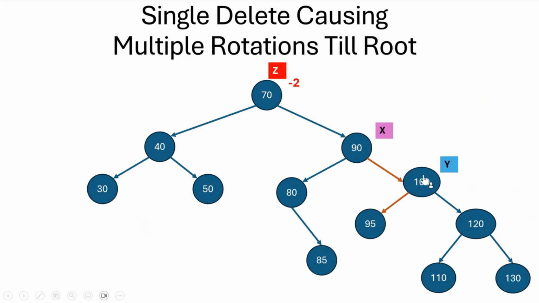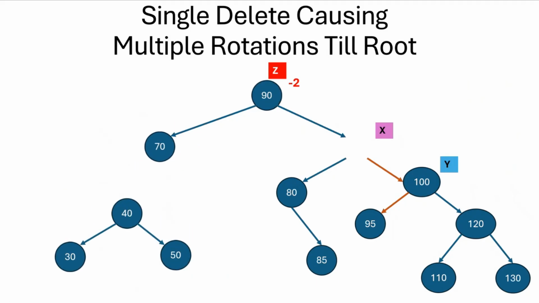So right rotation we did at Y. Now we need to do the left rotation at Z. So which is 70. So how will we do it? So the taller child of Z, which is 90, becomes the new root. And Z becomes the left child of that new root. And if the new root had any previous left child, right?